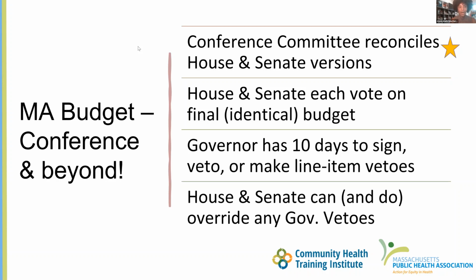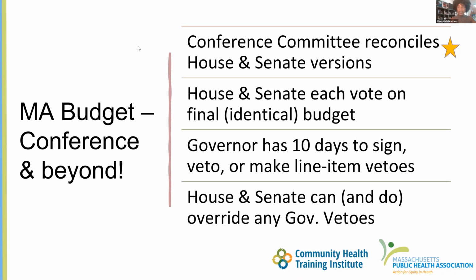Using the RTA as an example, if RTAs are really important to you and you know that MPHA, our organization, leads that coalition, then you want to make sure you're on our listserv, because we send out action alerts when each of these things happen to let people know, hey, we're entering conference and we got what we wanted or we didn't, and this is what you need to do. So as an individual, that's probably the easiest way.